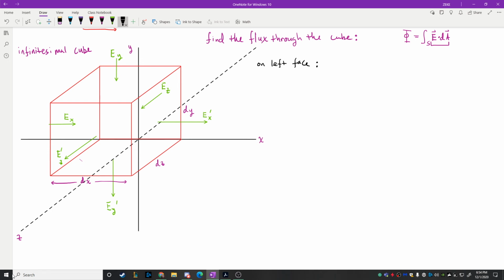So on the left face, the flux is going to be equal to Ex multiplied by the area of the left face, which is going to be the same as this one over here, dy dz. So that's how we're going to do this. And I'm going to call this one negative because it's coming in.